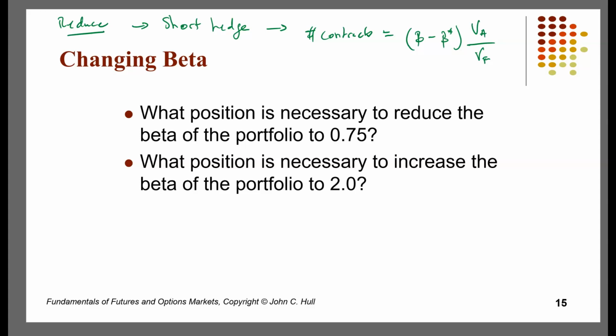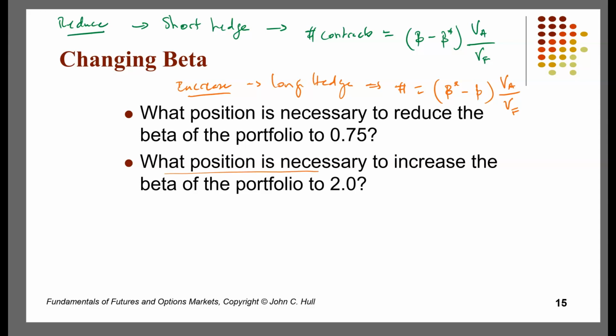If you want to increase the beta, we want to place a long hedge, and our long hedge would use the number of contracts equal to the beta that we want minus the beta that we have, multiplied by the value of the asset divided by the value of the futures.